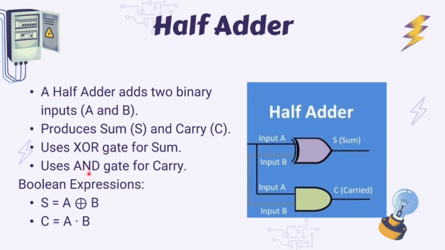The carry output is obtained using an AND gate because AND gives output 1 only when both inputs are 1. So, the Boolean expressions for half adder are sum equals A XOR B and carry equals A AND B.